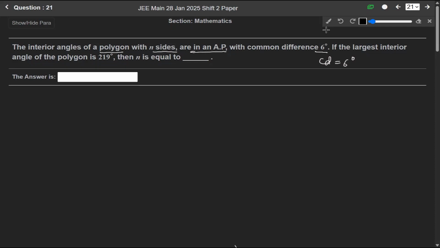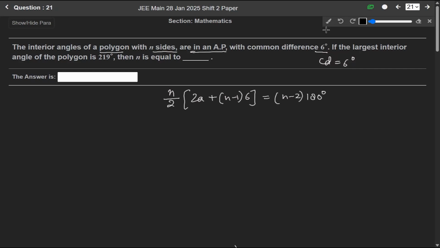So the equation will be n by 2 into (2a plus (n minus 1) 6), and it will be equal to (n minus 2) 180 degree.